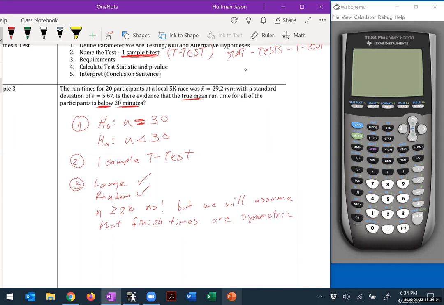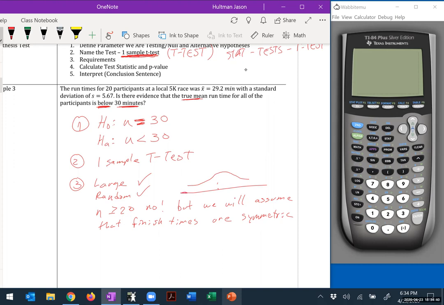So even though the sample size isn't big enough, we're still going to assume that you're going to have fast people and you're going to have slow people, and then you're going to have a bunch of people in the middle. So we're going to assume that this will follow a t distribution. And so we're going to continue on as if the sample size was larger than 30.